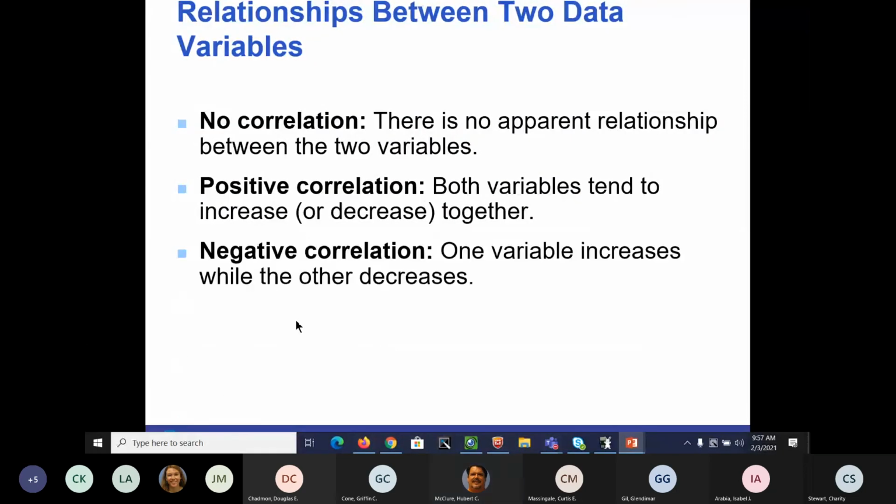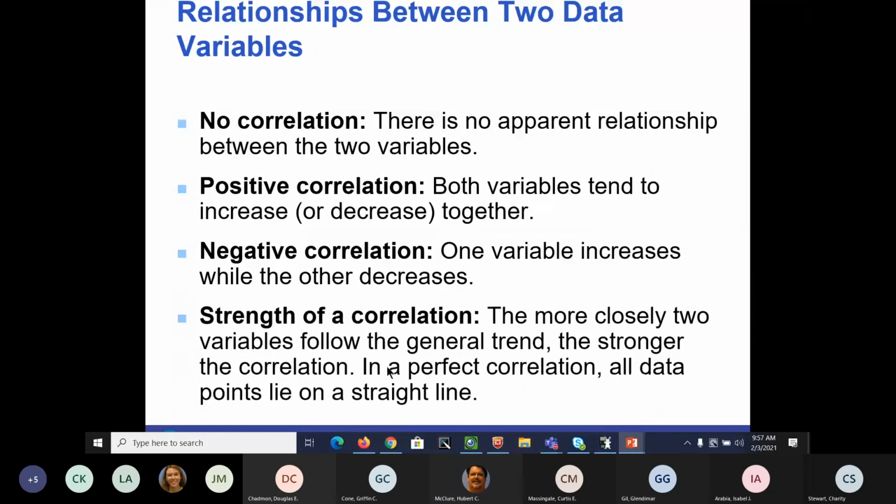So negative correlation, strength of correlation. All you got to write down for strength is steepness. How steep is your line, meaning slope? If you take the slope, the higher the slope, the more correlation you have. So no correlation, horizontal line.